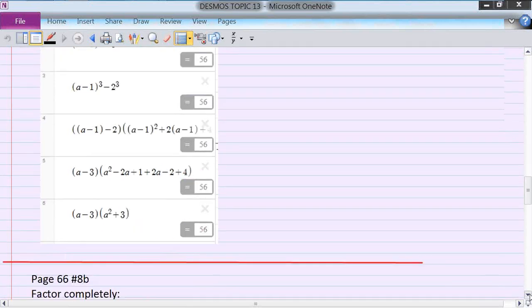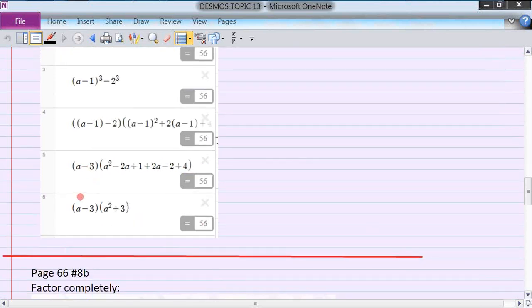And now I just group these terms. This is the same as that. The a squared is the a squared. The minus 2a and the plus 2a cancel, and I have 1 plus 4 is 5 minus 2 is plus 3. So this is the same as that, so I know that I have done this correctly.